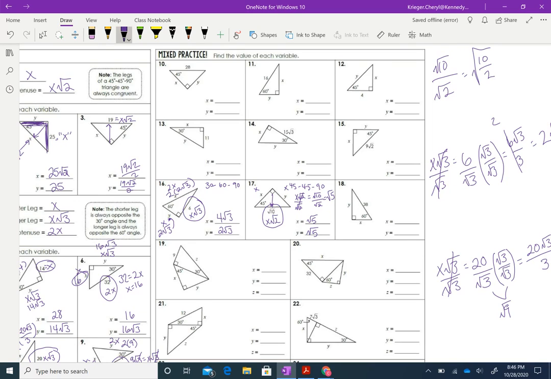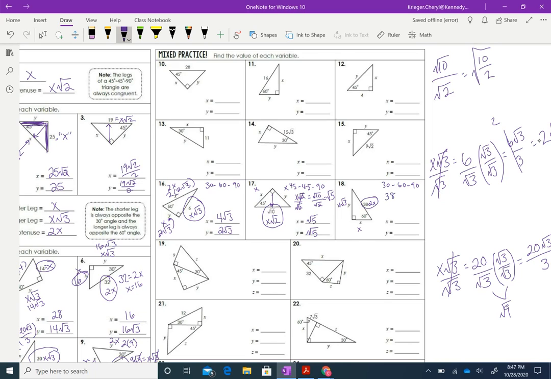Number 18 is a 30, 60, 90. So I'll label my shorter leg x. My longer leg is x root 3. And my hypotenuse is 2x. So if 38 equals 2x, right?